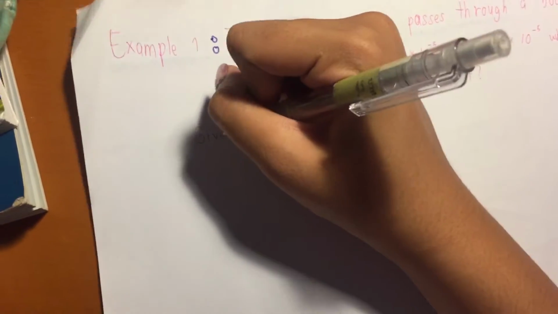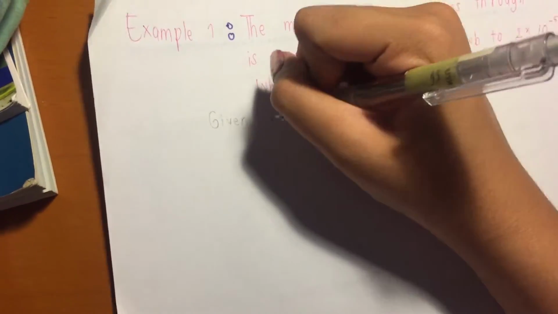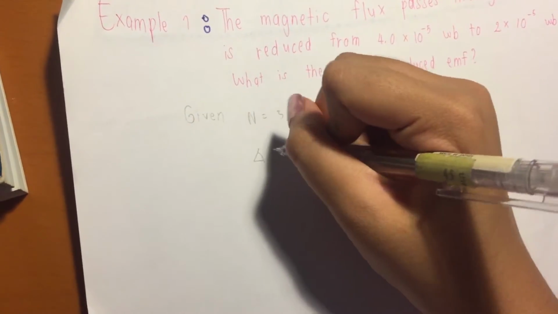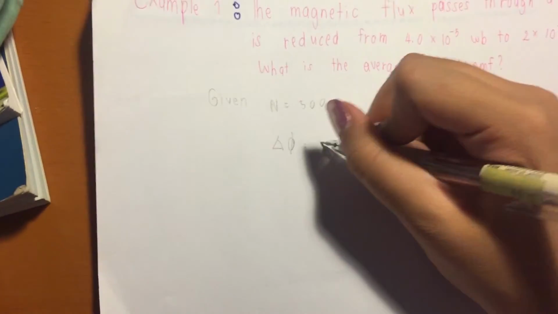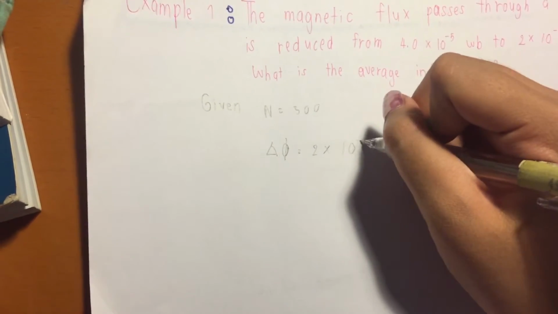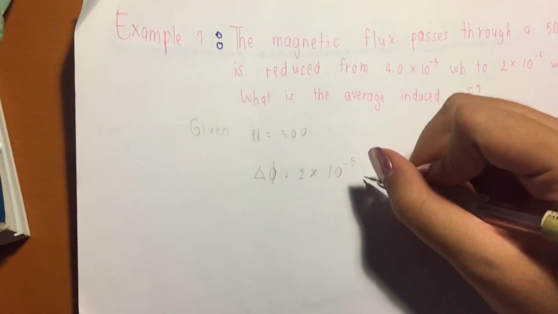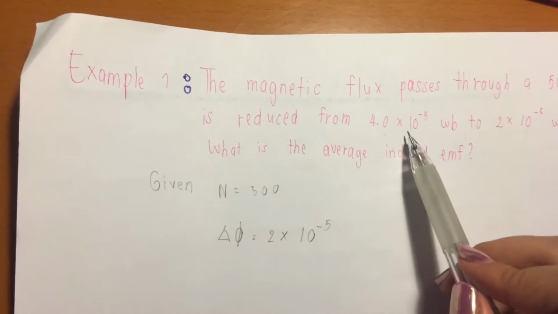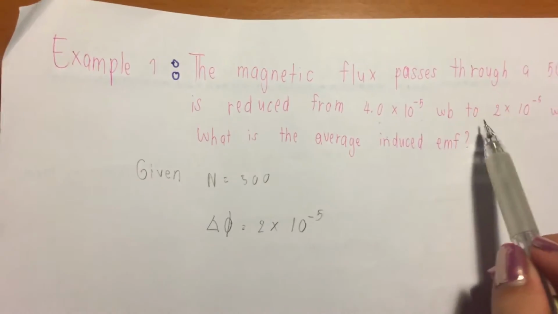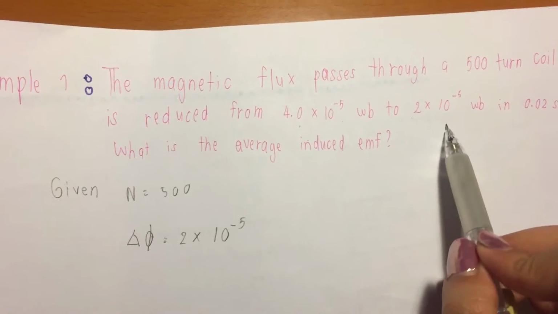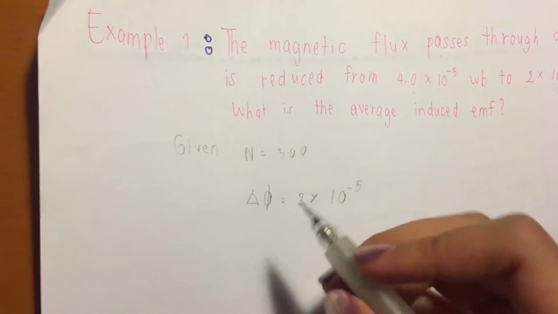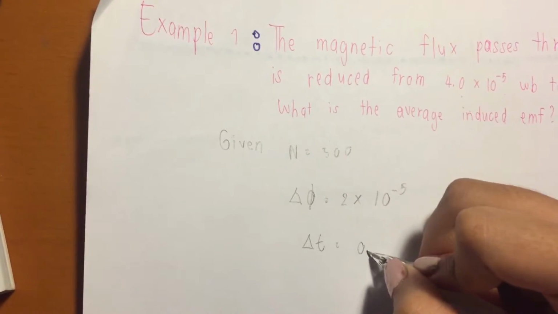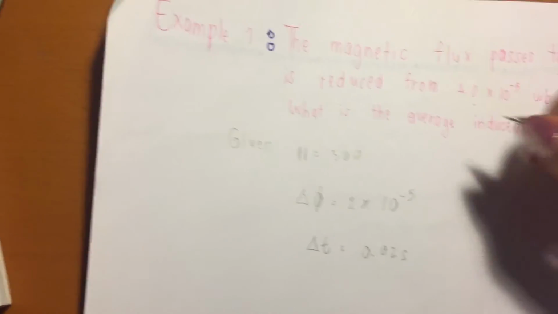So the given is N equal to 500, and delta flux is 4 times 10 to the power of minus 5 minus 2 times 10 to the power of minus 5. So you get this one, and delta T is 0.02 seconds.